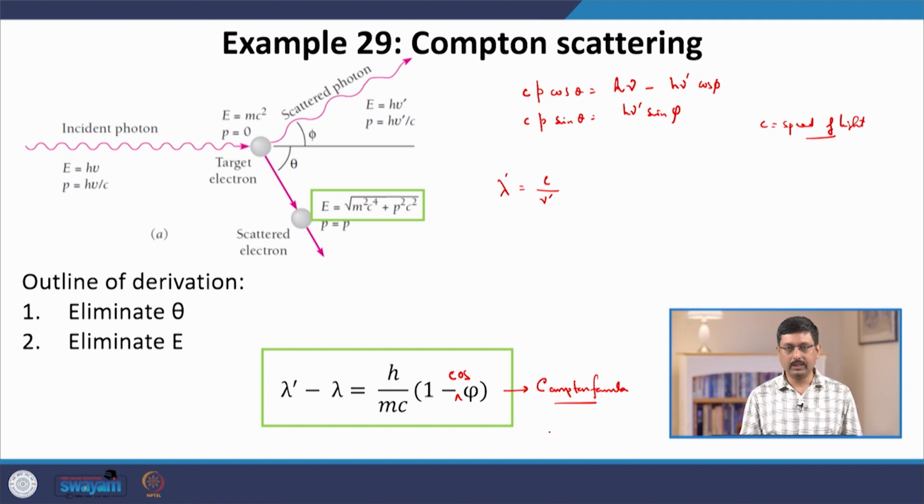This is the Compton formula, and this experiment proves that photons carry momentum. I will let you work through this algebra to derive this very famous result. I hope you get a flavor of how collisions are very fundamental to the progress of physics.